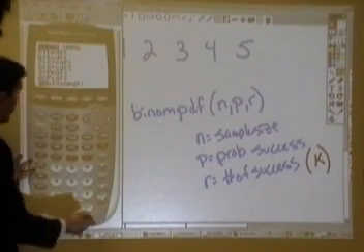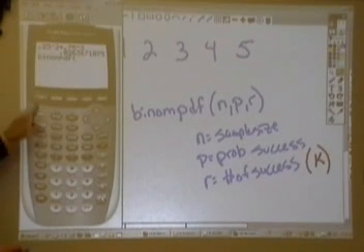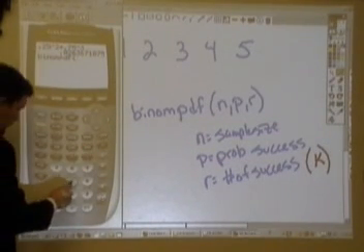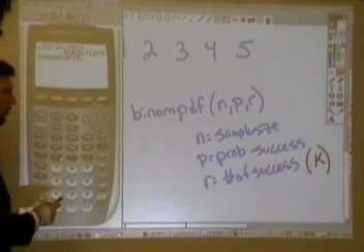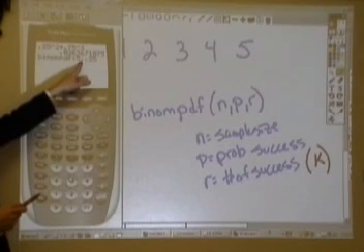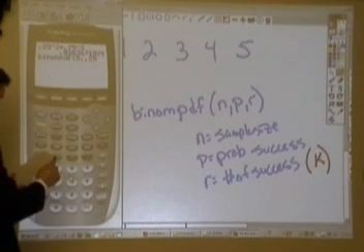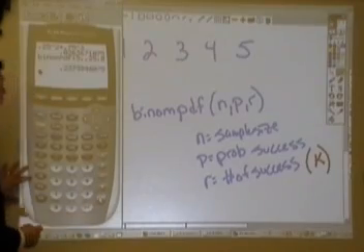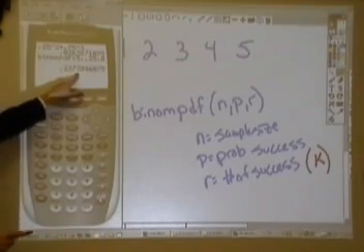So I hit enter, and it comes up on the screen and says binomial PDF. I put in N, P, and R: 5, comma, probability of success 0.25, comma, number of successes, starting with 0. And we get 0.2373.